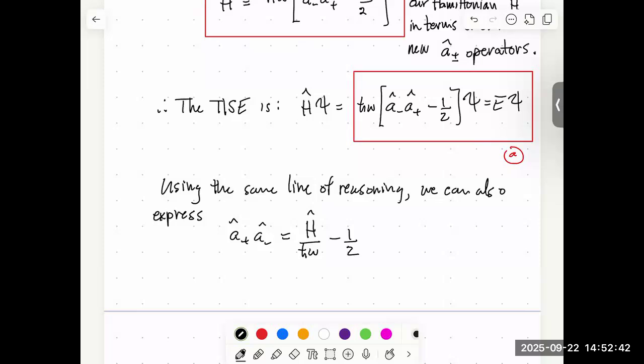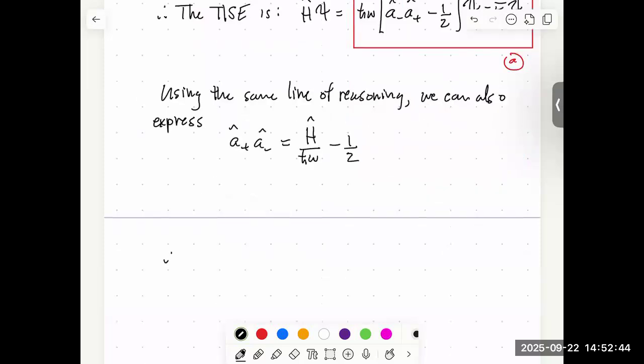Okay, so therefore, there's another way for us to write down our time-independent Schrodinger equation, and it is h bar omega times a-plus a-minus, plus 1/2, times our stationary state, is E times the stationary state.